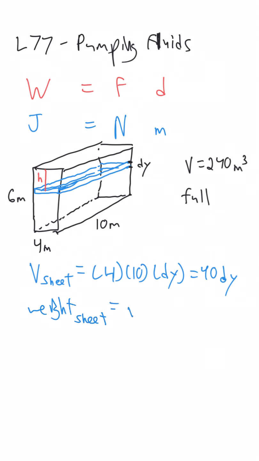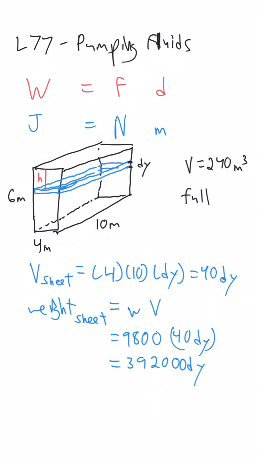You could use something called weight density of water, which was 9,800 newtons per meter cubed, and you can multiply it times the volume. So we have 9,800 for the weight density of water. We have 40 dy for the volume of the water. So the weight of that sheet of water is 392,000 dy. And of course that's measured in newtons.